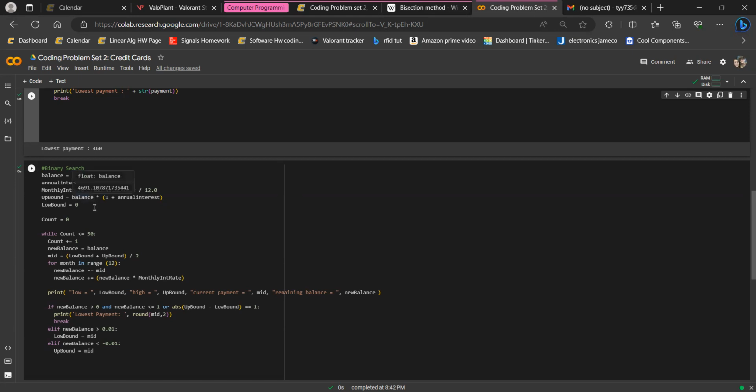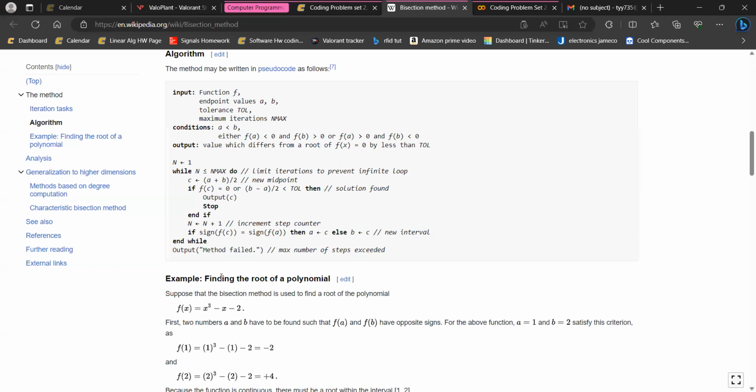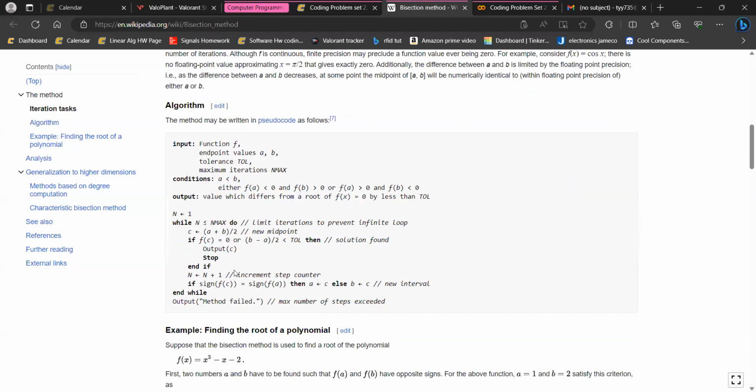So I think my code is correct because I did it based off the information here, like creating a lower bound and an upper bound. They have to be different signs.